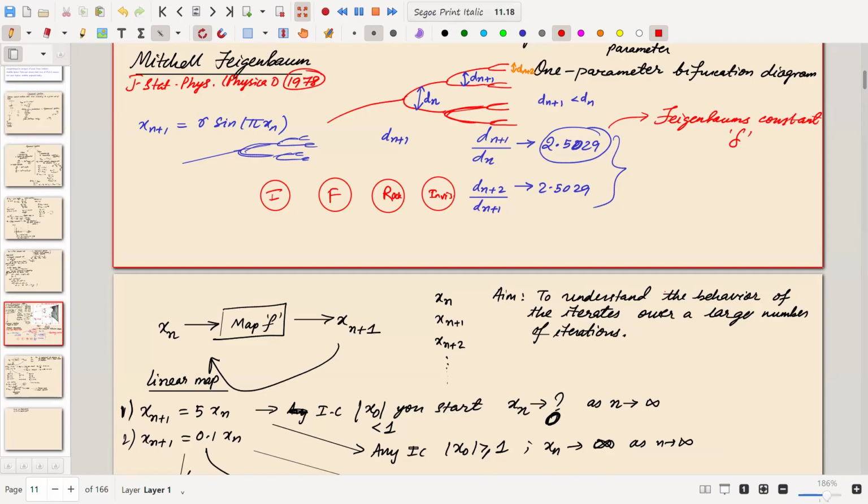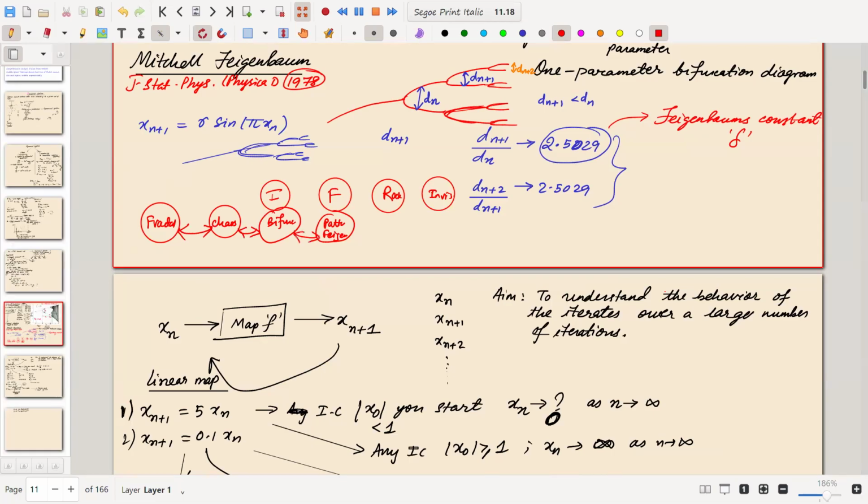So here also, the fractal is there. It exhibits chaos. It exhibits bifurcation. And it also exhibits a pattern, that is the Feigenbaum constant. Now all of these are interconnected.